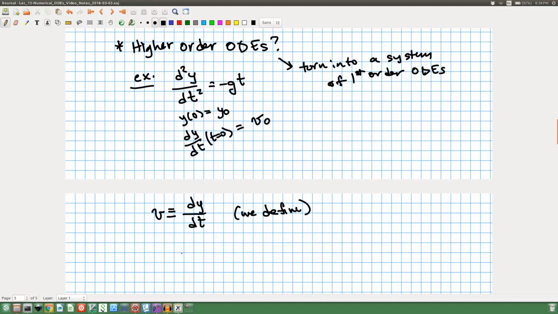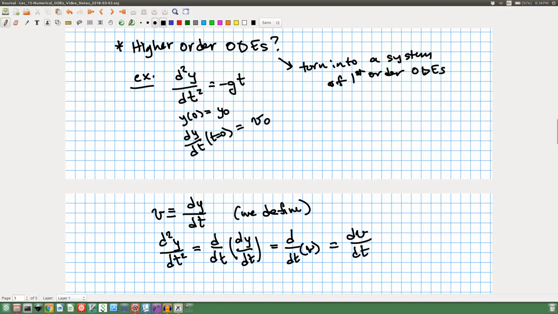Then I go back to my initial equation and say, d2y/dt squared is the same as the derivative, not with respect to y, with respect to t, of dy/dt. But dy/dt I said was v, so that's just d/dt of v, or dv/dt.